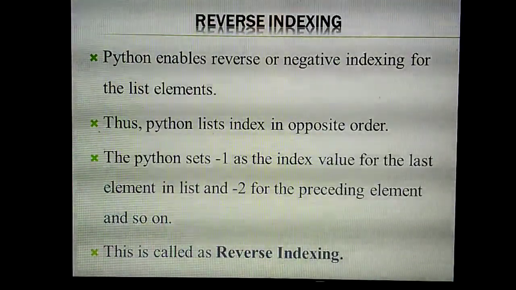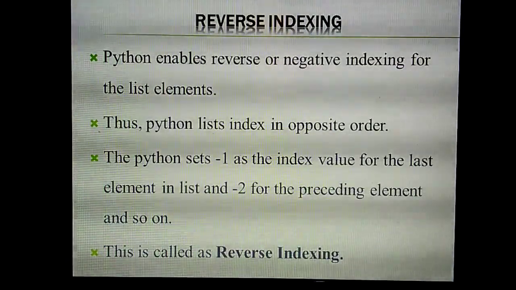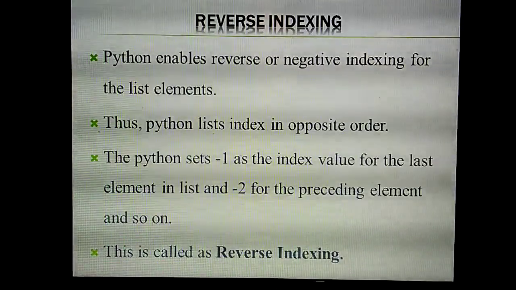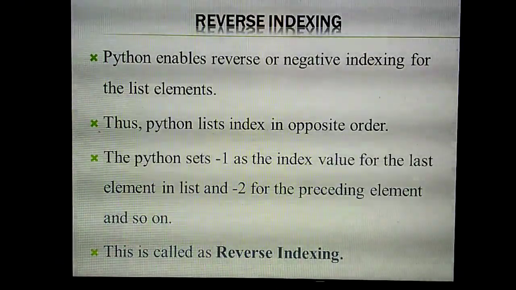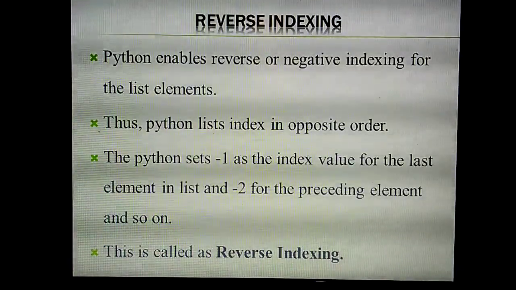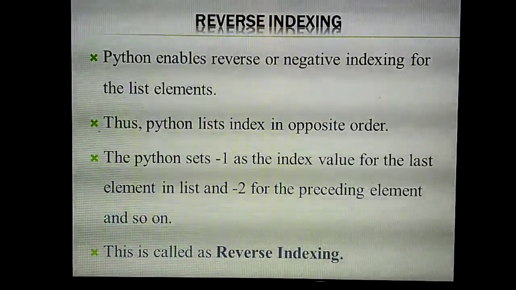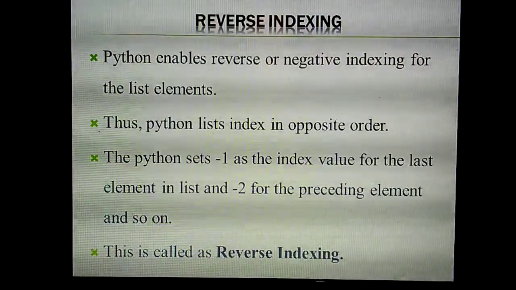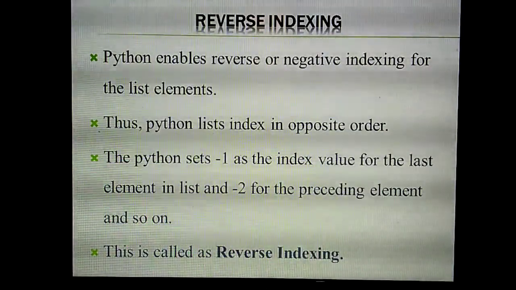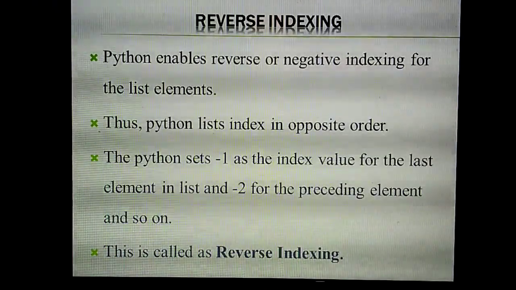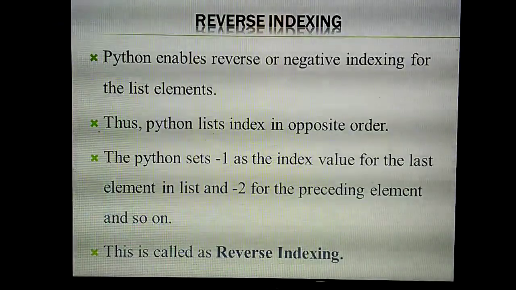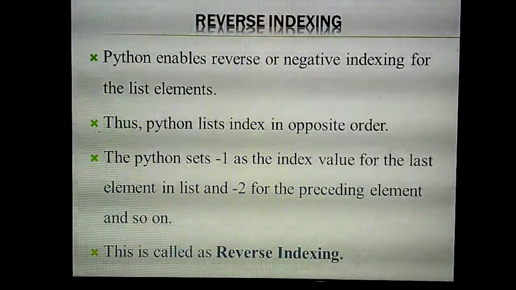What do you mean by reverse indexing? In chapter 8 also we studied reverse indexing. Isn't it, Arnold? First, what do you mean by index? In a list, if you store a number of elements, the system automatically allocates index values for each element.